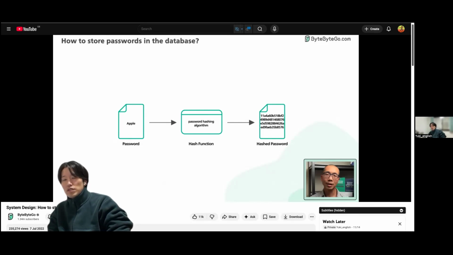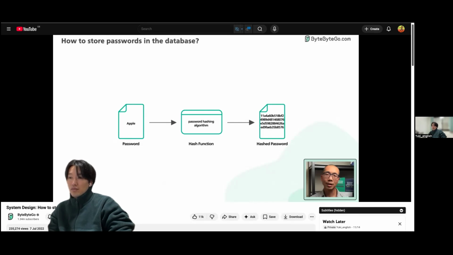Let's take a look. It is essential to store passwords in a way that keeps attackers from getting them, even if the database is compromised.